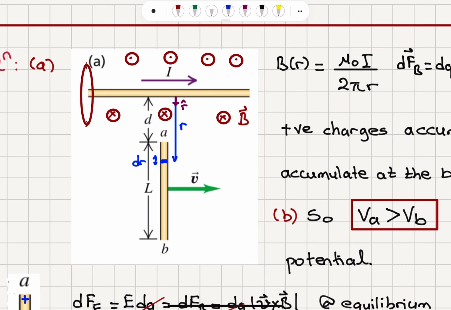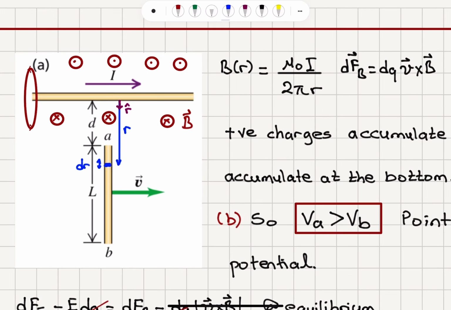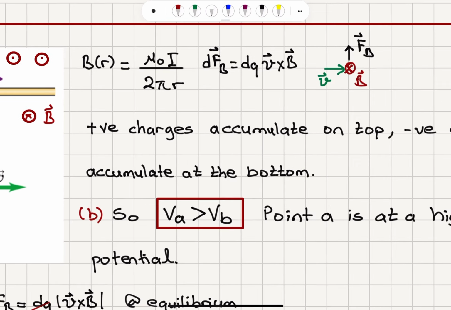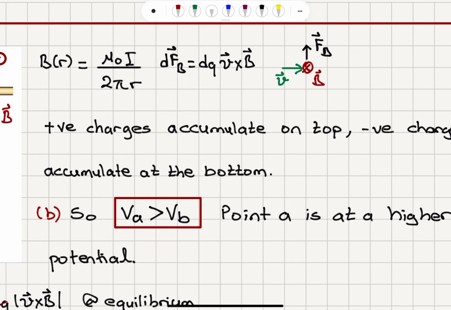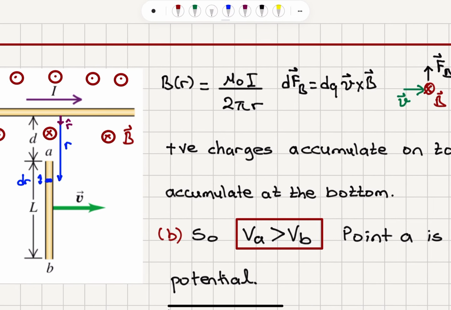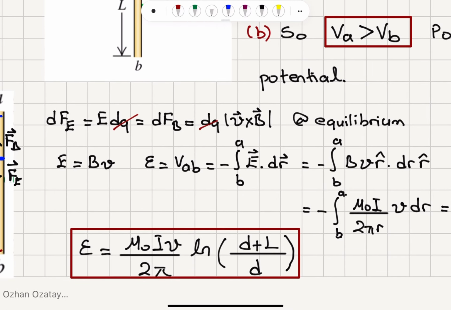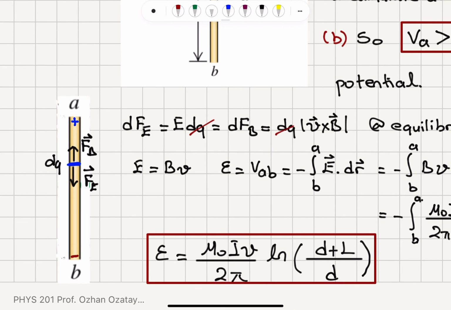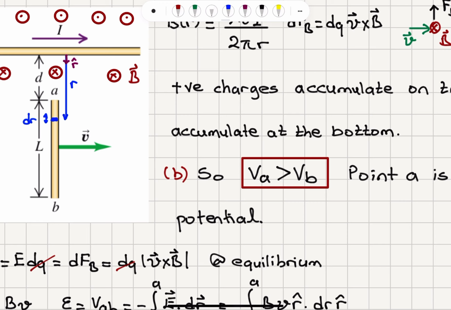A charge element would feel a Lorentz force, which is its charge dq v cross B, and v cross B using the right hand rule gives me the direction of the magnetic force towards the top. So towards point A, that means positive charges accumulate on top, negative charges at the bottom. So potential of A is greater than potential of B. That's the induced EMF direction.